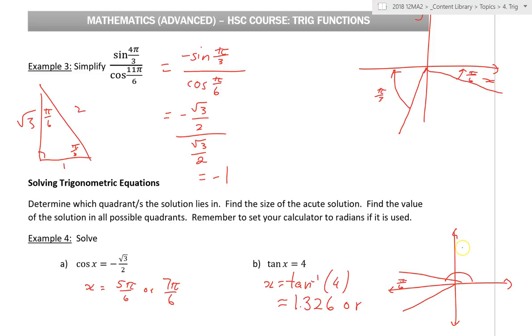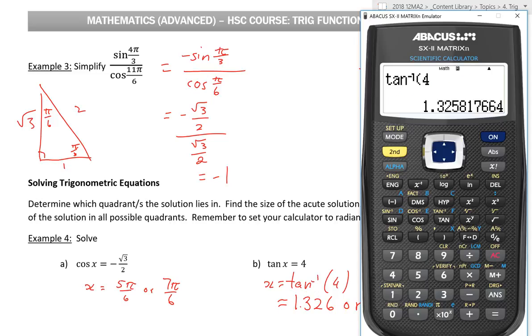Right, if we were to go all the way around to 2 pi, I would have another option, which is that plus pi. So let's pull out my calculator again. 1.326 plus, oh no, let's not do that. Answer equals, there we go, plus my pi gives me 4.467.